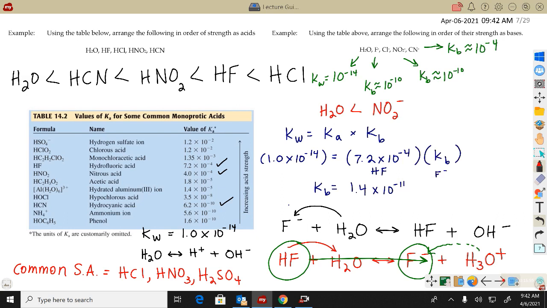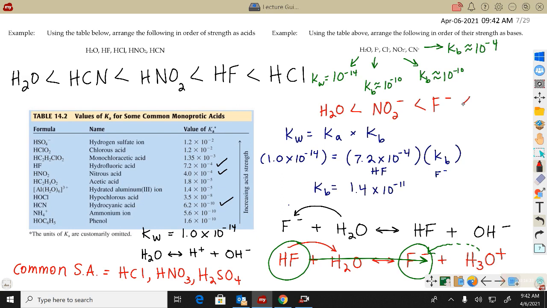If it's a weaker acid, then its equilibrium doesn't lie as far forward, which means the base is really good at picking up hydrogen and removing it from the solution. If the base can remove hydrogen from a solution, then that shifts it in reverse. And so here we go opposite of the strength as acids. The NO2 was a little bit weaker acid, so it's got a little bit stronger conjugate base. The HF was a little bit stronger acid, so its conjugate base is a little bit weaker.